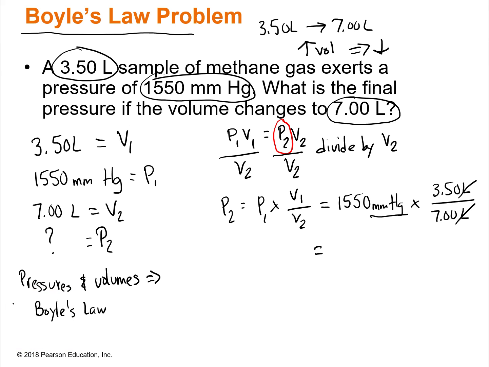Put this in your calculator and let me know what you get. It should line up with our logic. It should be smaller than the initial pressure. You can write it in the chat when you have your answer.